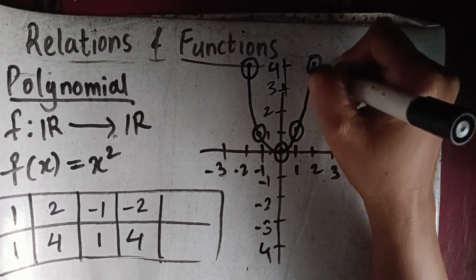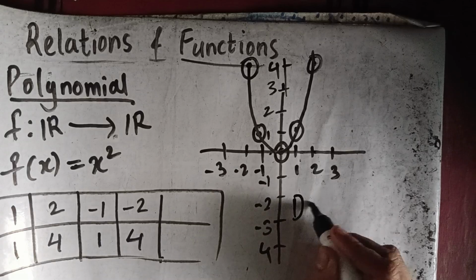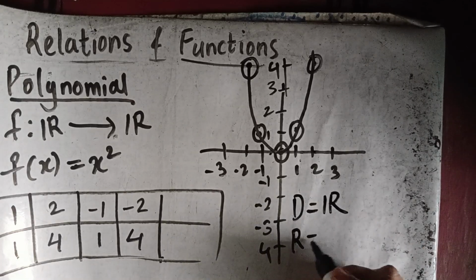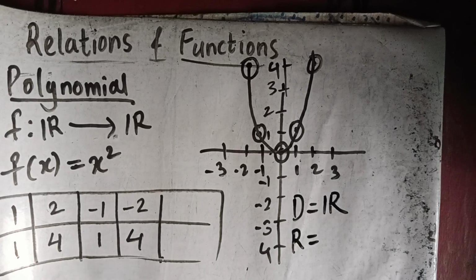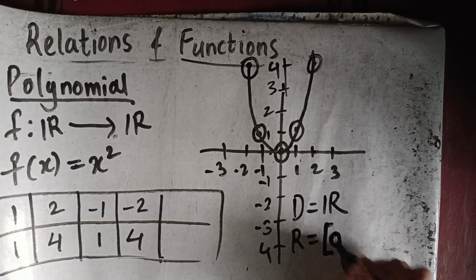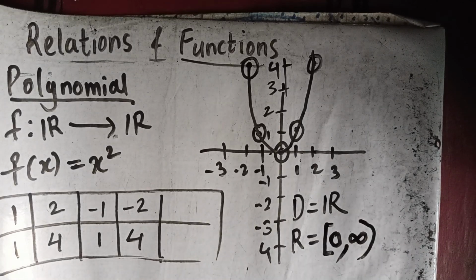So like this you'll get. So your domain is a set of all real numbers, and range is a set of only the positive numbers, including 0. So it starts from 0 to infinity, set of all positive real numbers.